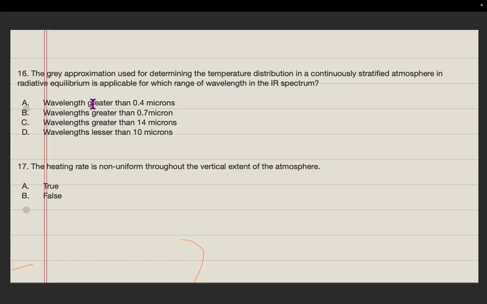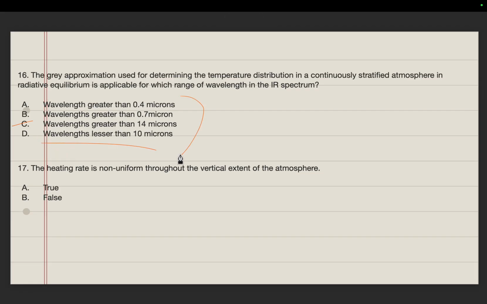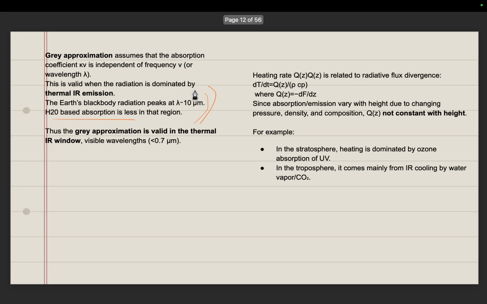So for question 16, option C is correct: wavelength greater than 14 micrometer. Gray approximation means the absorption coefficient is independent of frequency.